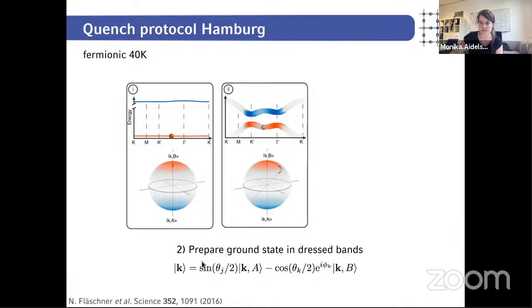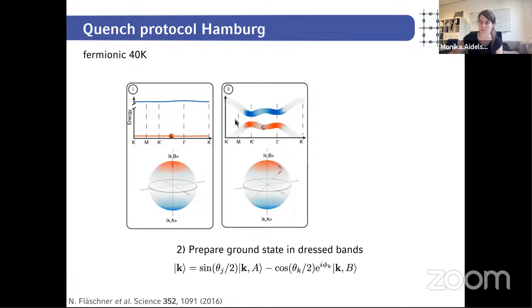And these angles are essentially what we want to determine, because those angles and how they change as a function of quasi-momentum allow us to calculate the Berry curvature. Because if we know these angles theta and phi as a function of quasi-momentum, we essentially have all the information about the eigenstates. And if we have all the information about the eigenstates as a function of quasi-momentum, we can compute the Berry curvature from that.